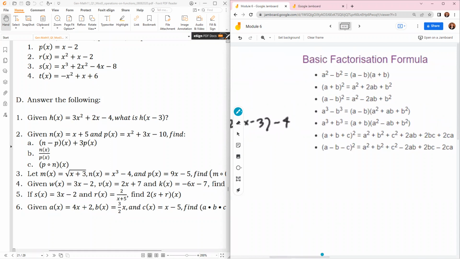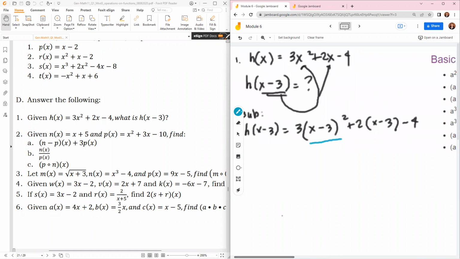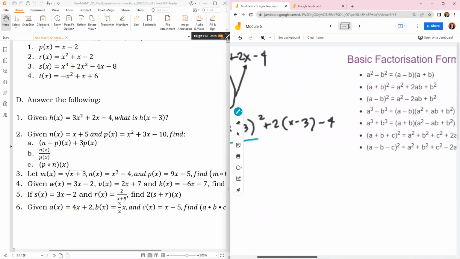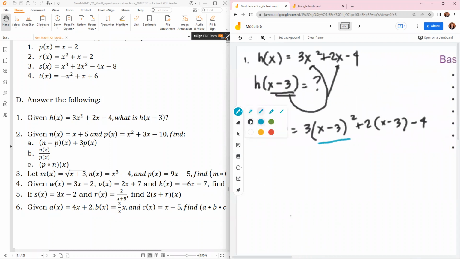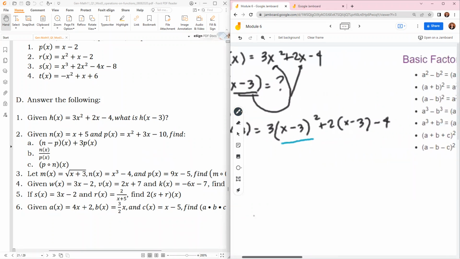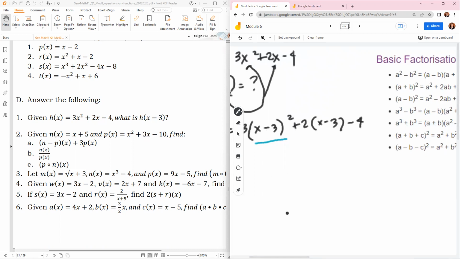So ang ato ang a is x, ang ato ang b is negative 3. So this is how we expand it. So let's try to expand this first term, kanang naay exponent nga 2.